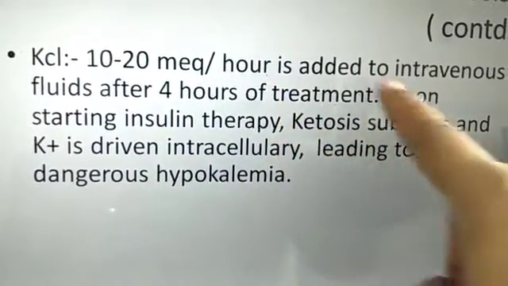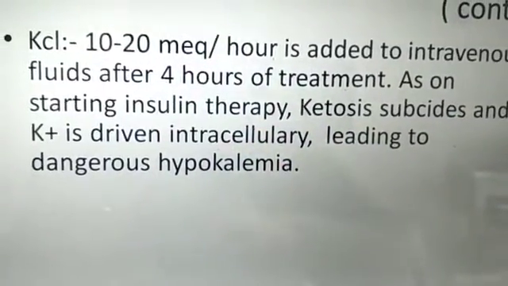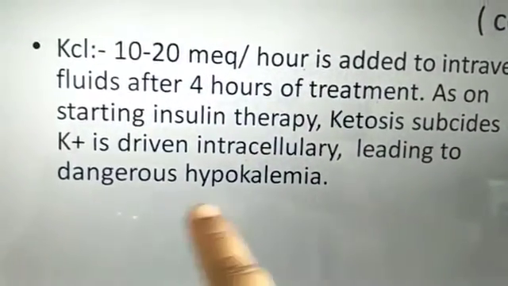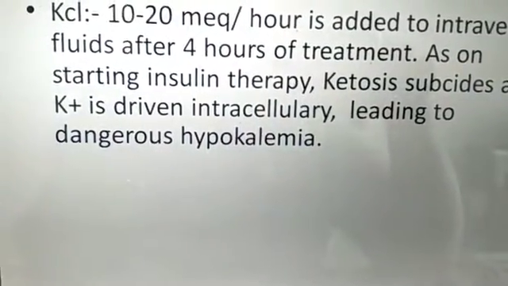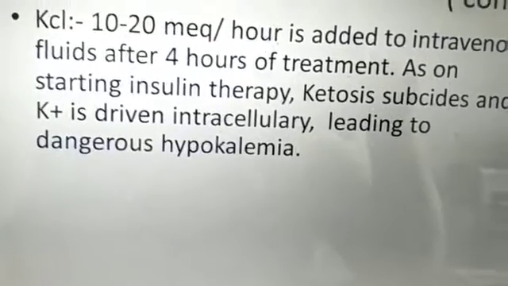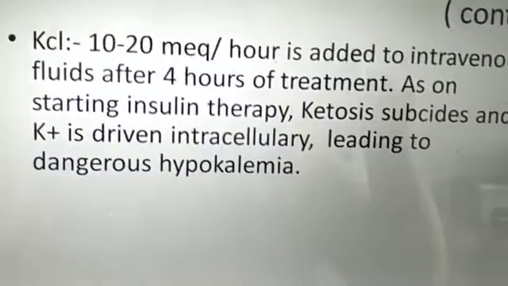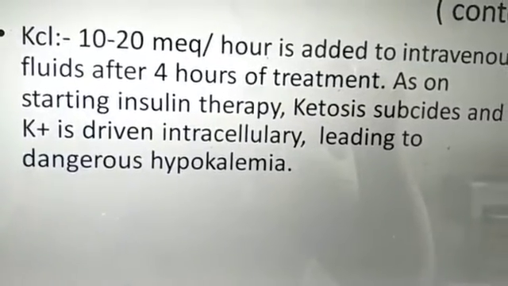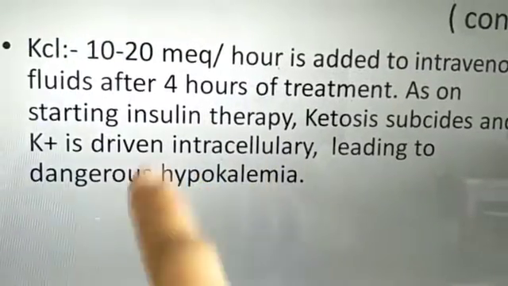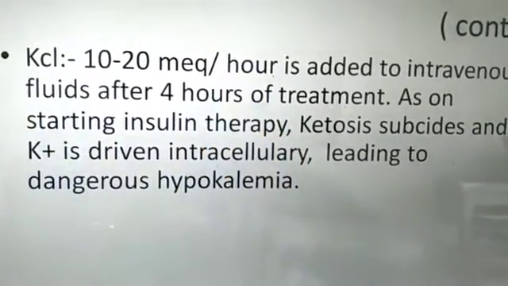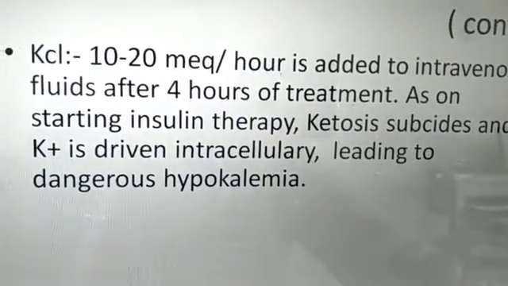When ketoacidosis subsides, the potassium enters inside the cells. Hence, in the blood, there occurs hypokalemia. Levels of potassium suddenly fall in the blood. So, to replace the potassium, we give potassium chloride in the intravenous fluids, 10 to 20 milliequivalents per hour.